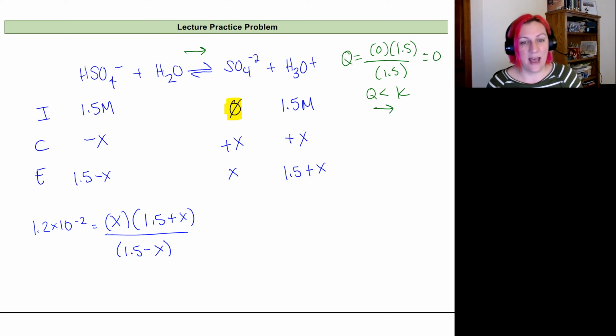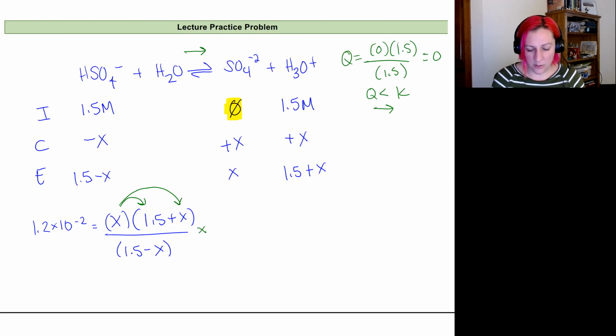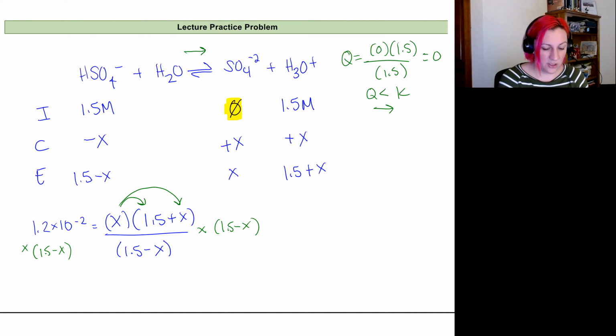I can see that I'm going to have an X value, just a number without an X, and an X squared. As I'm solving this, I'm distributing this X first out into these parentheses, and I'm multiplying both sides by 1.5 minus X.